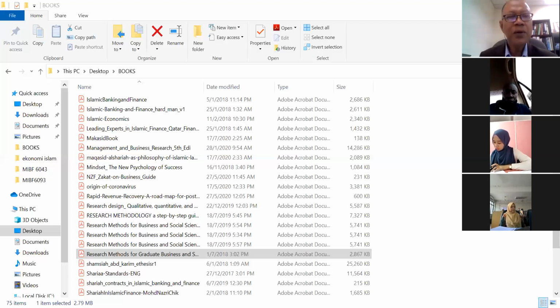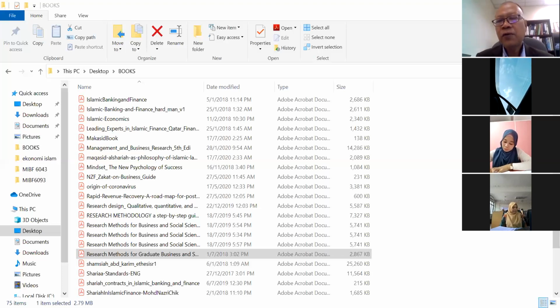Are you familiar with action research? Action research is a type of applied research. So in action research, it is the application of fact-finding to a practical, real problem solving in a social situation.